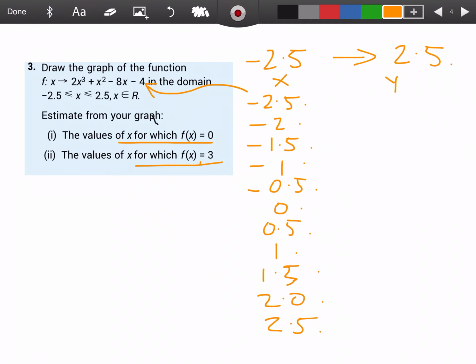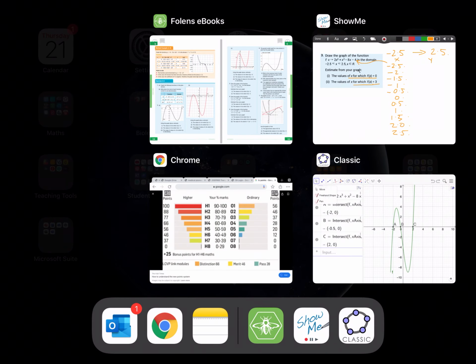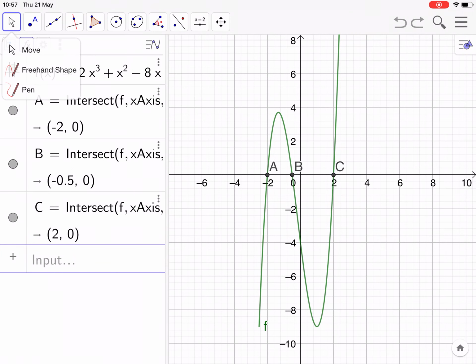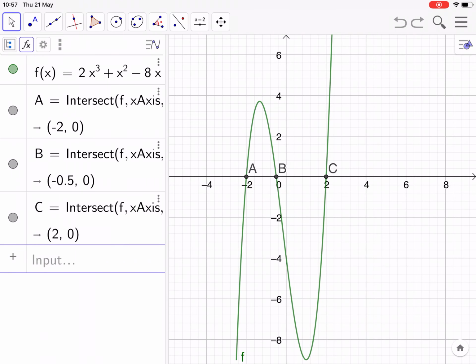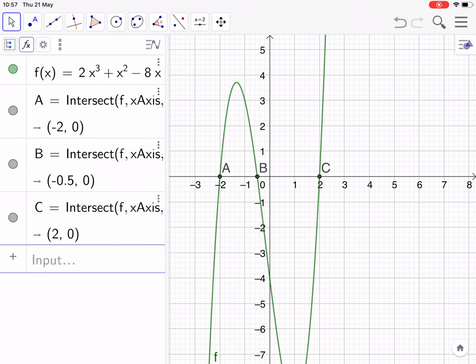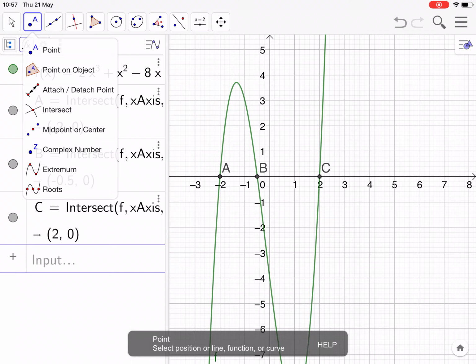The next one asks for the values of x for where the function is equal to 3. So where is the function equal to 3? What we've got to do now, I'm going to zoom in a little bit more so I can get 3 on it. The function is equal to 3 along that line. So it's there.